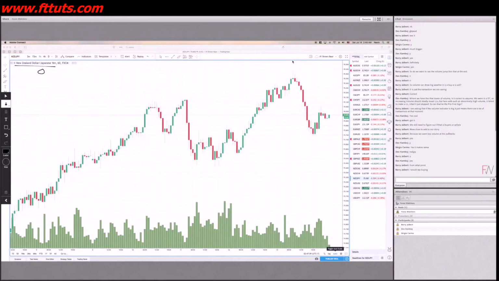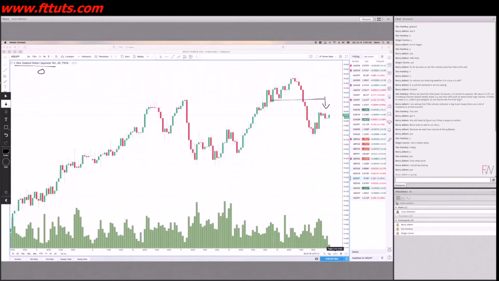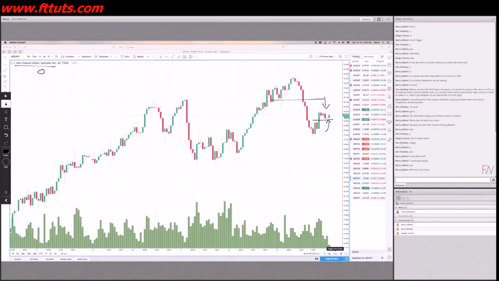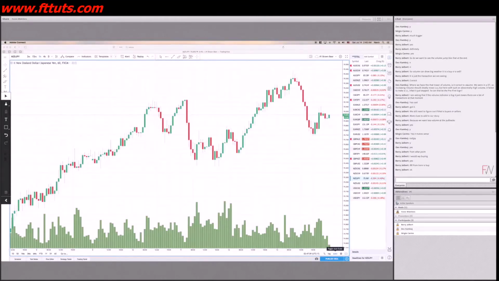Right, because you can read it in both ways, right? It means pullback sell like that, or we can read it as a pullback buy. So how would you read this in terms of now your added assistance from volume? I gave you a drawing tool so you can use the marker if you want to use it.